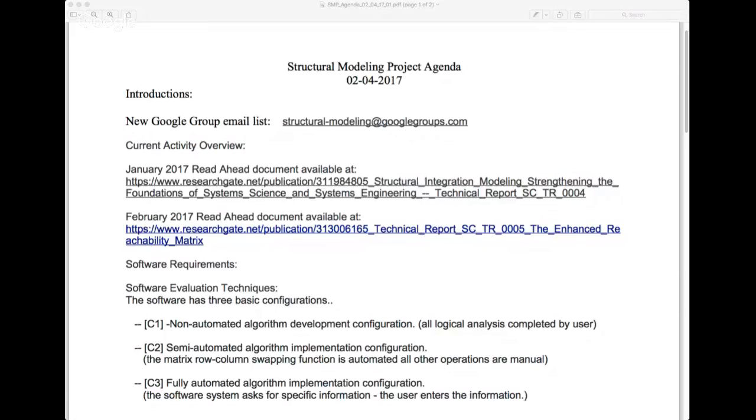In the third version of the software, we have a fully automated algorithm implementation. But we've only been able to reproduce in the fully automated algorithm the clustering command from the interactive handbook.